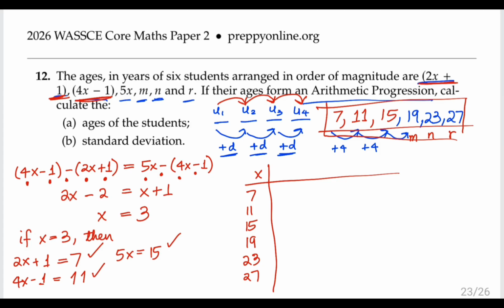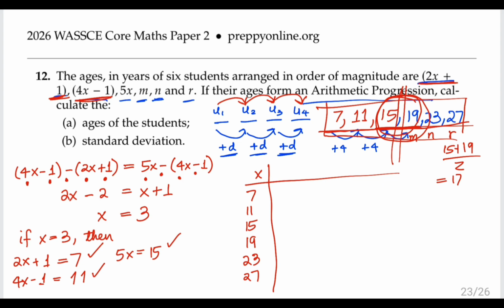Here there is a nice idea that we can use, because these are numbers which are, if you like, separated by the same amount each time. The mean is going to be the midpoint of these two numbers. So the mean is going to be 15 plus 19 over 2, which is equal to 17.